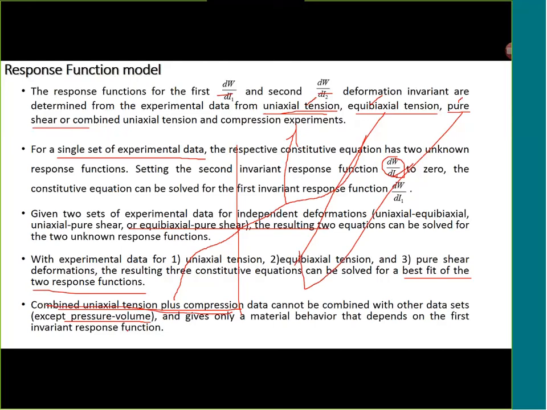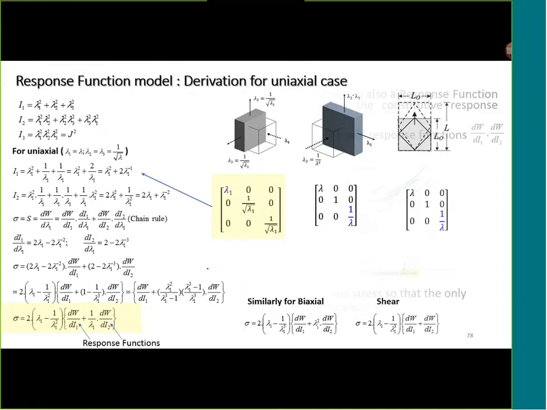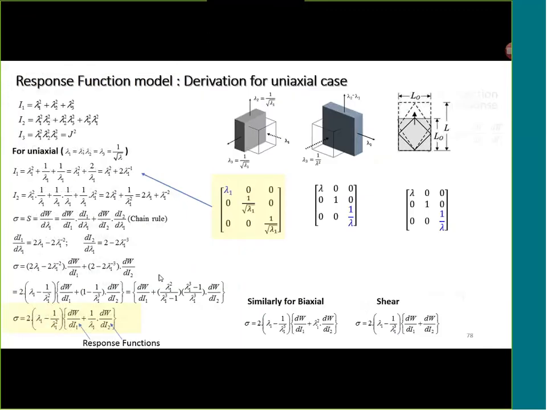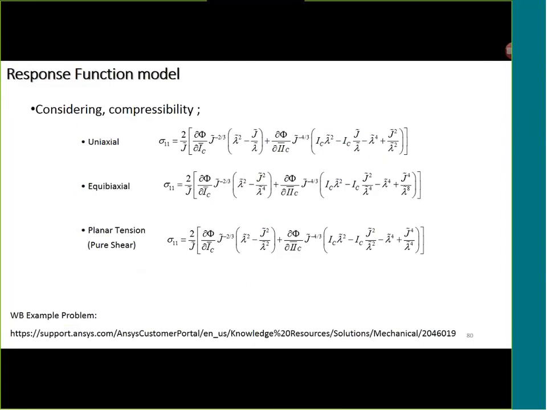That's an important point you need to keep in mind. And again, when we are using combined tension and compression, we can supply the pressure volume relationship to characterize the compressibility of the material. The equation that I showed here is not considering the compressibility factor because the volumetric part is not included, but it is also possible to include the volumetric part for uniaxial, biaxial and pure shear. The equation becomes a little more complex.